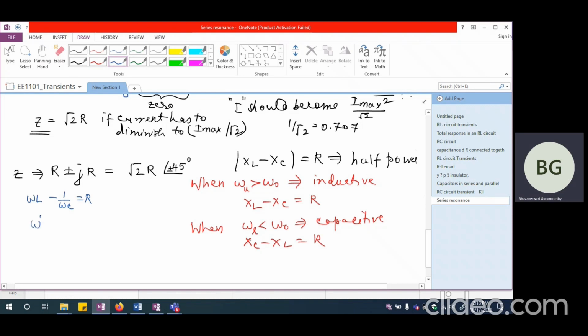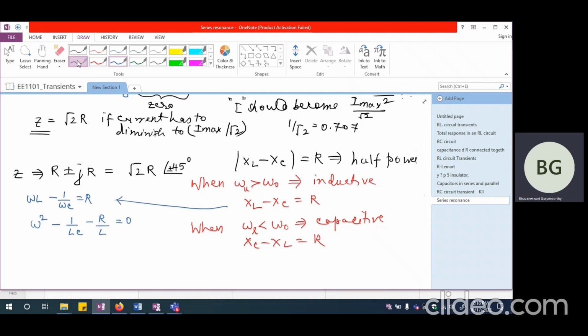So I can simply say omega square minus R by L times omega minus 1 by LC equal to 0. So this is corresponding to XL minus XC equal to R.